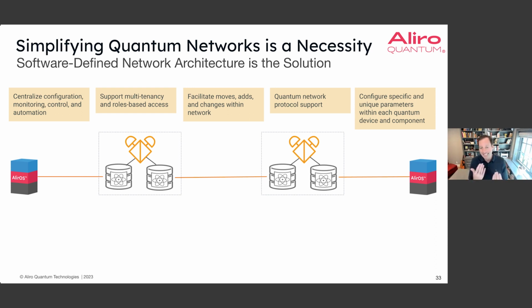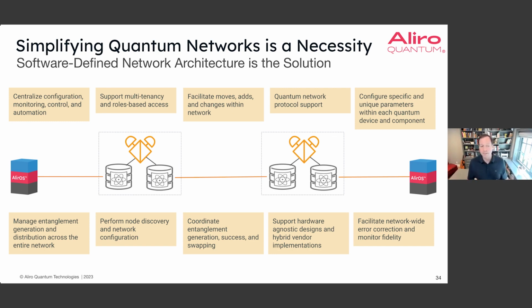In other words, each of the devices, each of the components within each of these nodes, for example, has very unique configuration requirements and changes that often need to be made on the fly and maybe even in real time. So being able to monitor how those are operating and make the changes with those is critical.